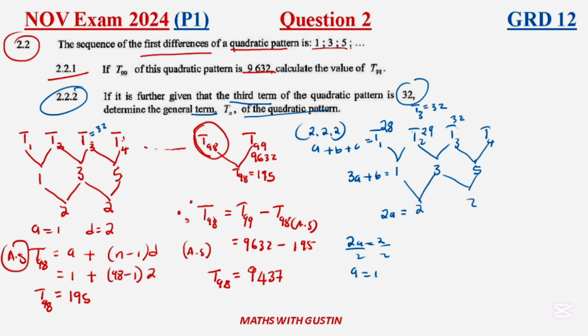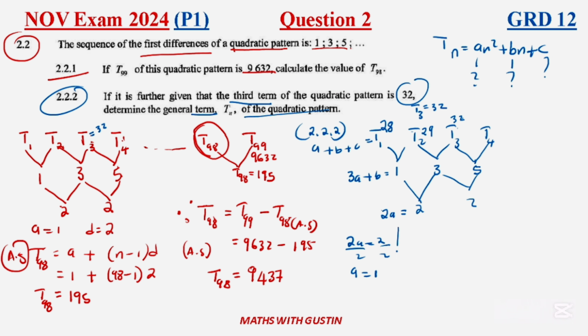I'm forgetting something, guys. The quadratic formula generally is Tn equals an squared plus bn plus c. This is what we're looking for. So we need to look for a, b, and c as well.